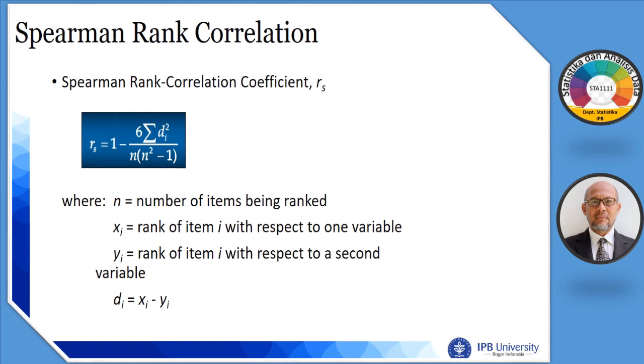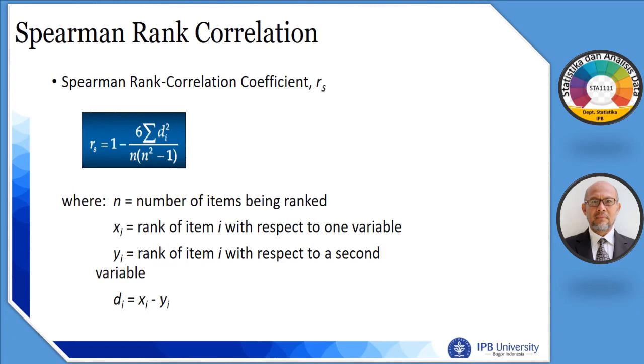So this is the mathematical formula to calculate the Spearman rank correlation coefficient. RS equals 1 minus 6 sigma di squared, divided by n times n squared minus 1.